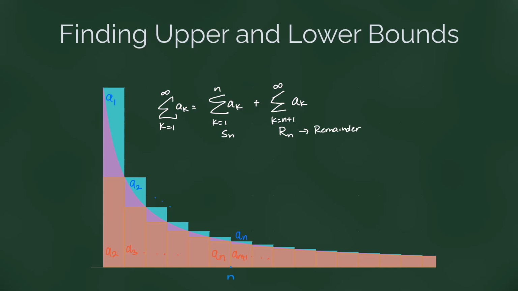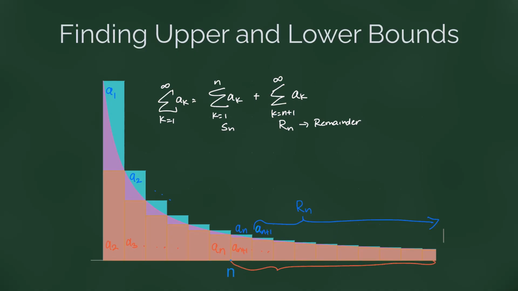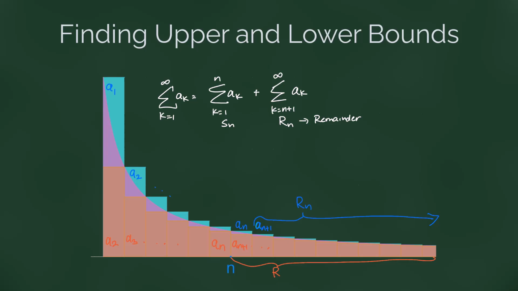If we look at our picture, we can see that r sub n is represented using the blue rectangles. It starts at this point and goes on forever. That is r sub n. If we look at it using the orange rectangles, we can see that this quantity here is r sub n.